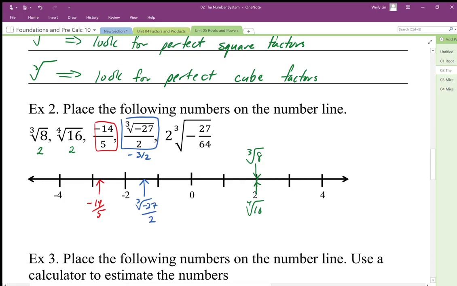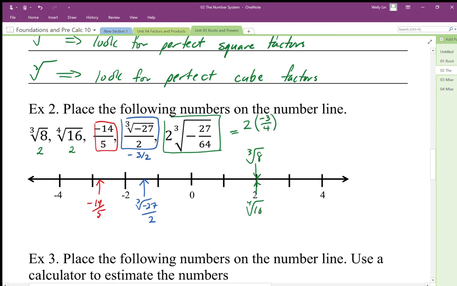And lastly, we have 2 times the cube root of negative 27 over 64. This is a cube root, so we're looking for perfect cubes. Well, 27 is a perfect cube, 64 is a perfect cube, so we end up with 2 times negative 3 over 4.